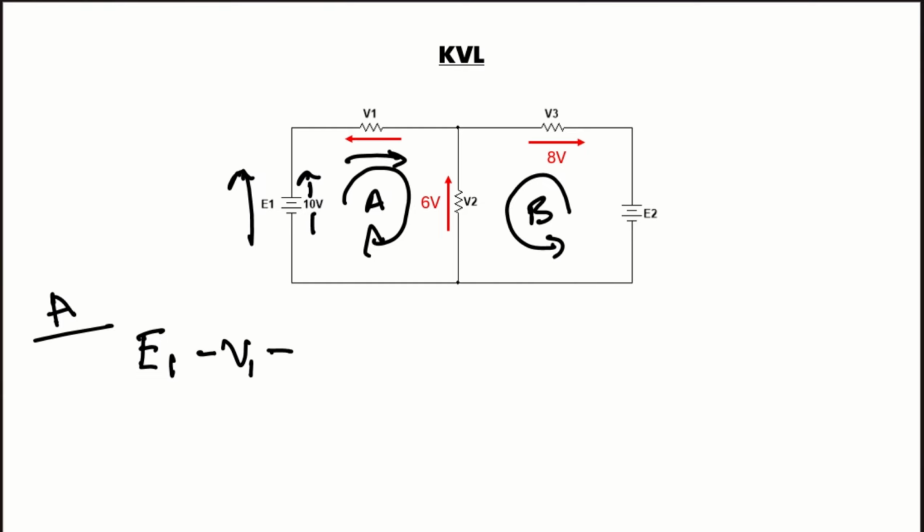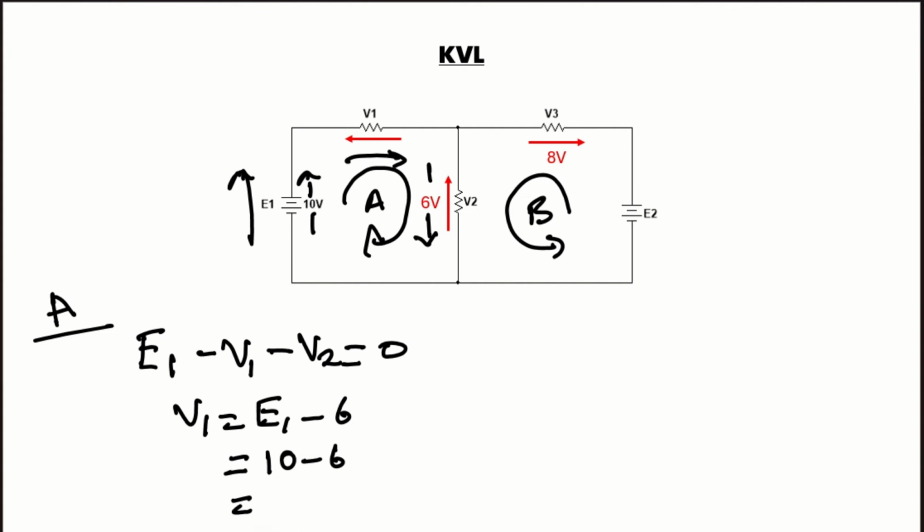Same as that one, minus V2, because the loop direction and the voltage direction are opposite, equal to 0. So from here V1 will be E1 minus, instead of V2 it's 6. So 10 minus 6 will be 4 volts.